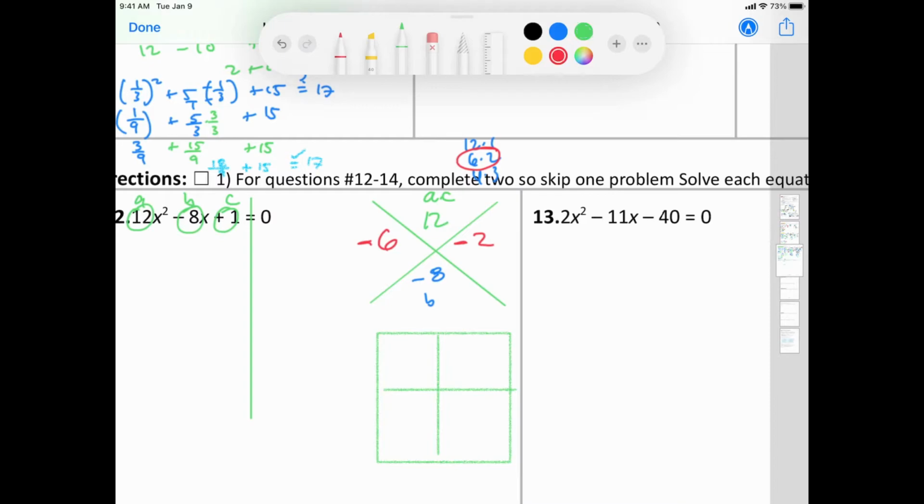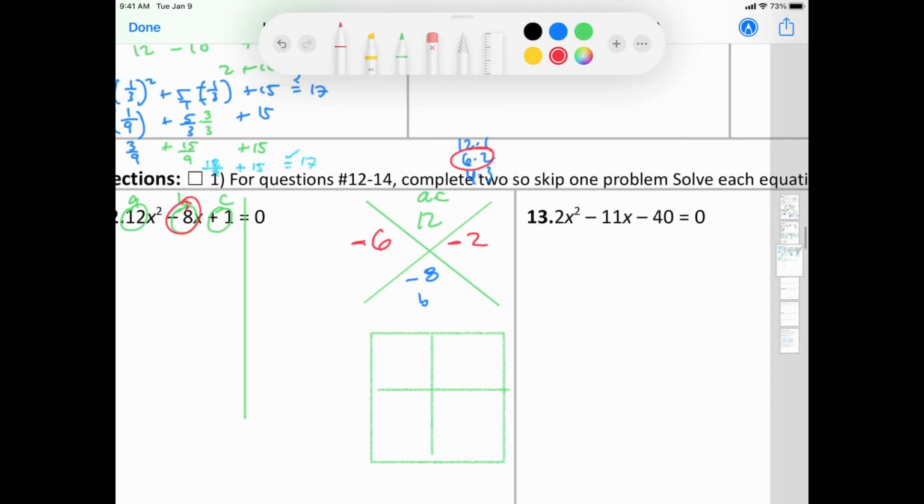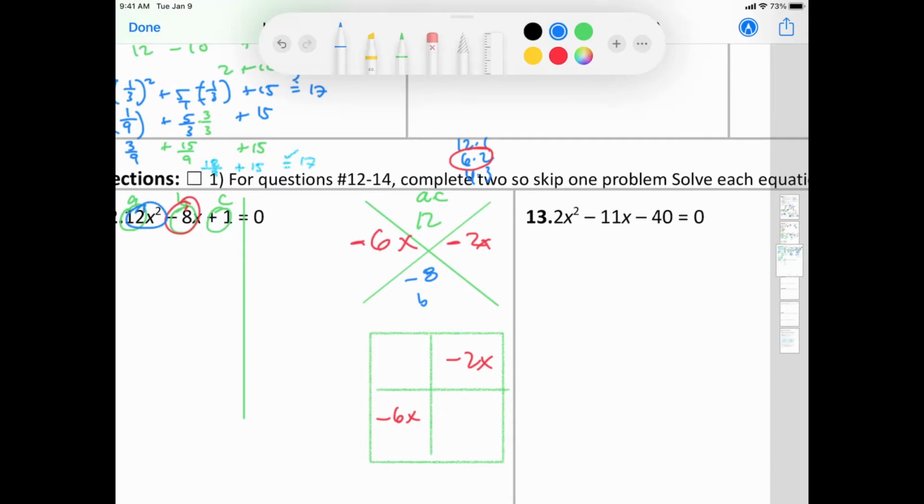These two will always go in the bottom left and top right. There I have 12x squared. That whole thing will always go in the top left, and then bottom right is positive 1. The C value always goes in the bottom right.